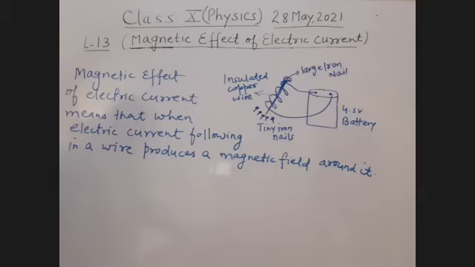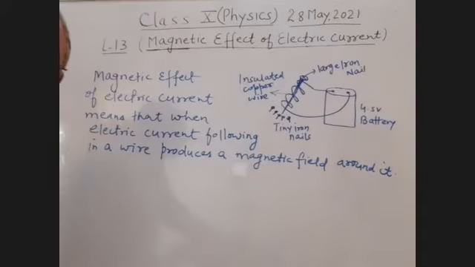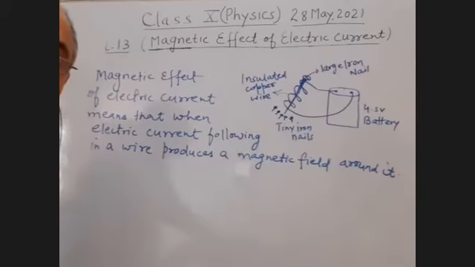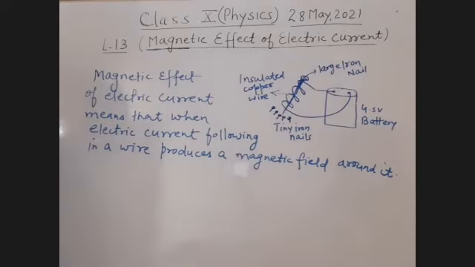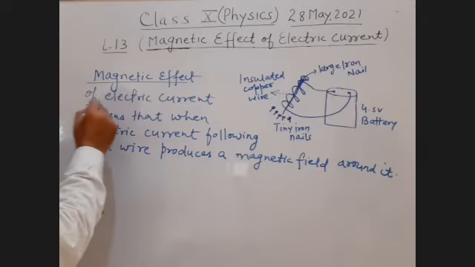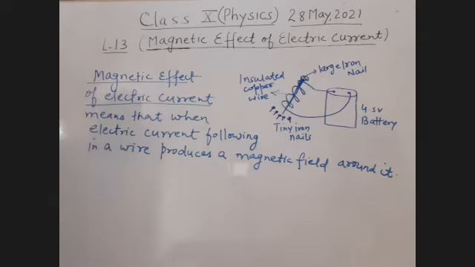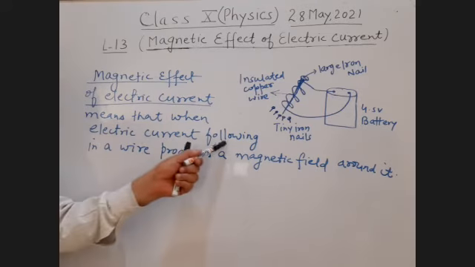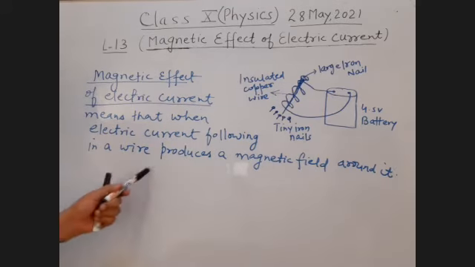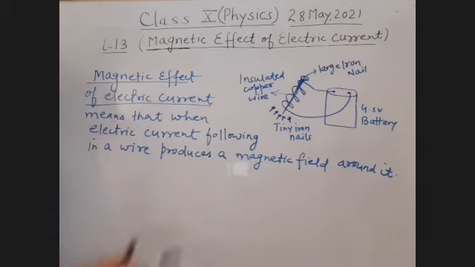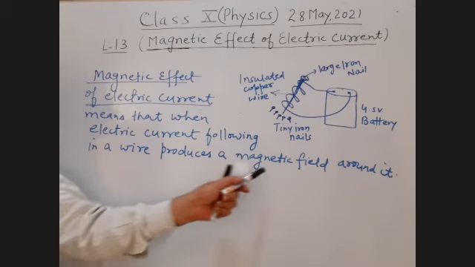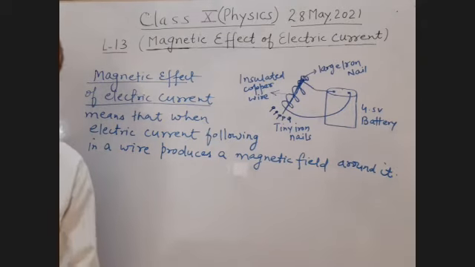Is it clear, students? So I have written the definition of the magnetic effect of electric current. Please note it down: when electric current flows in a wire, it produces a magnetic field around it.